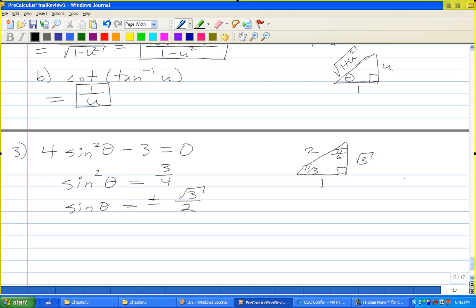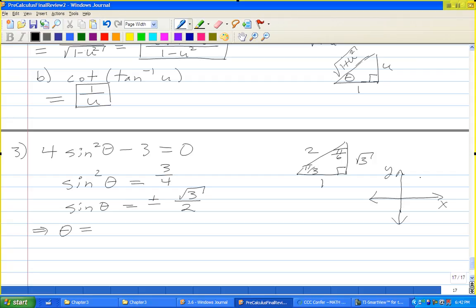And so, and we're also, so theta. And you only want theta between 0 and 2 pi. Okay, so let's see, positive.